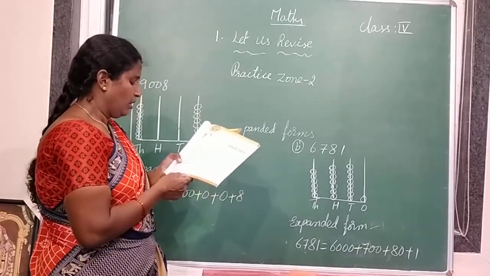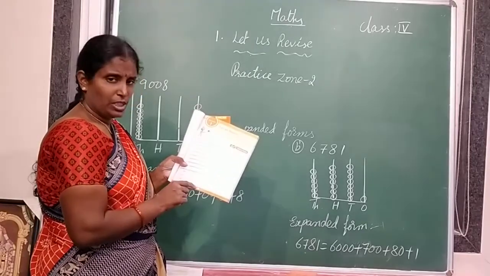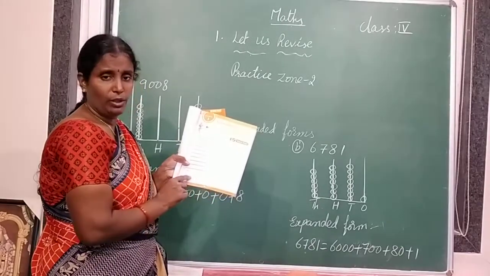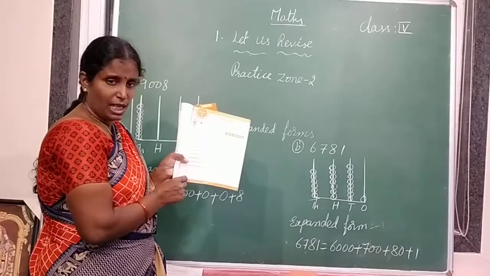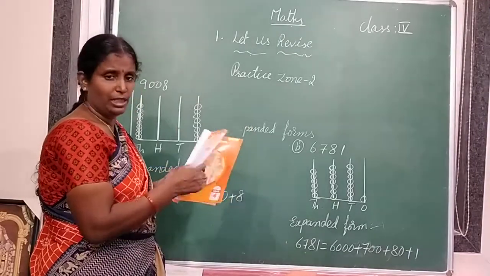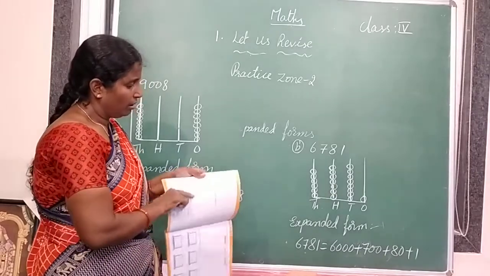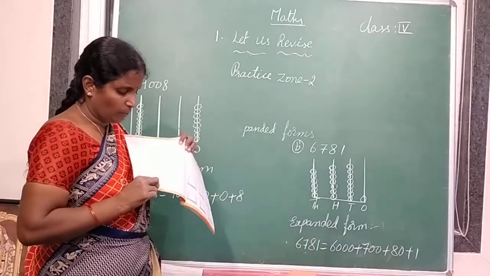And next, write the number names of the given numbers. In page number 5, numbers are given and space also given to write the number names. And turn the paper. 5 more questions are given in the sixth page also.